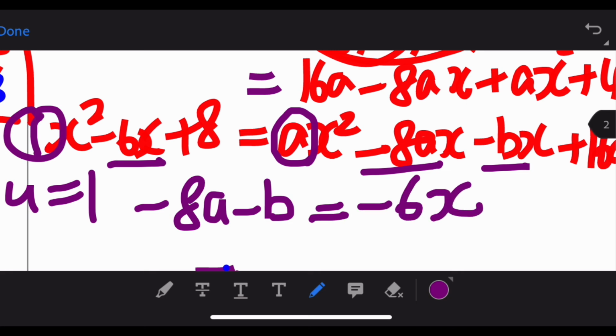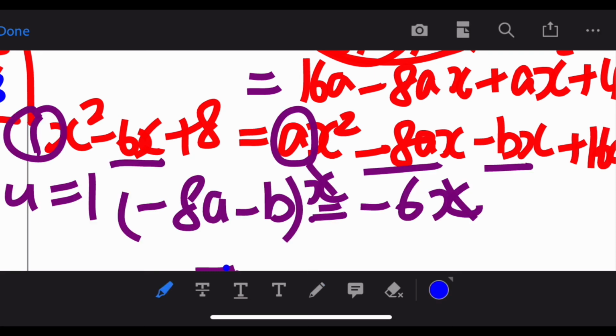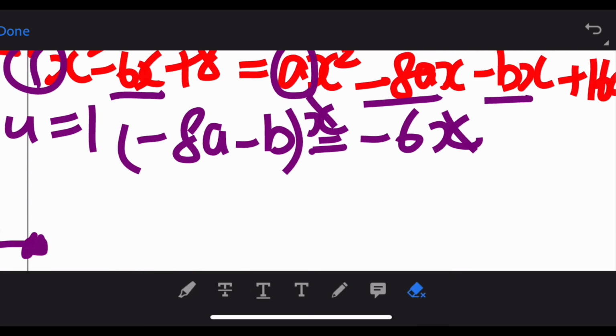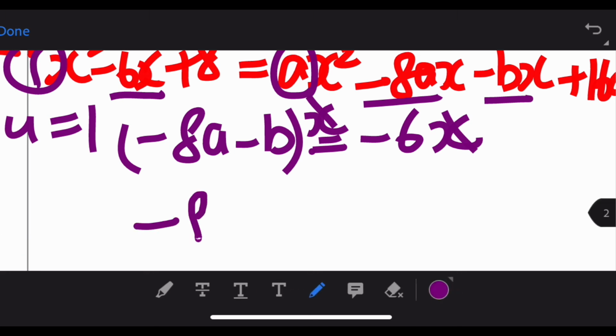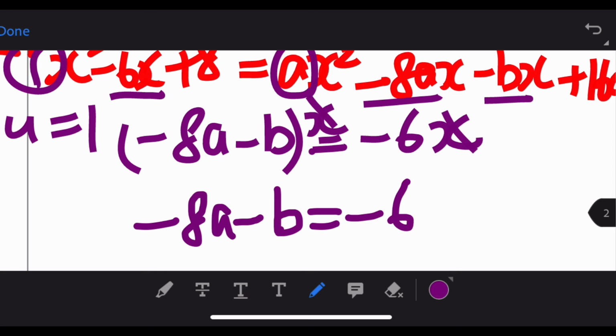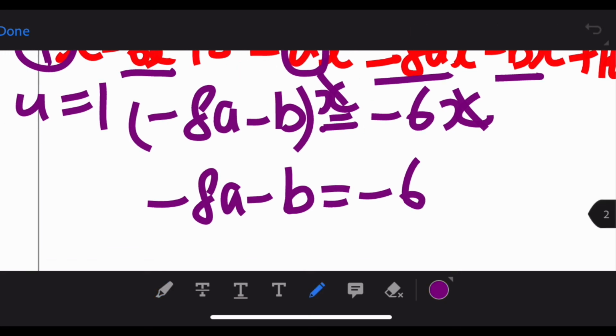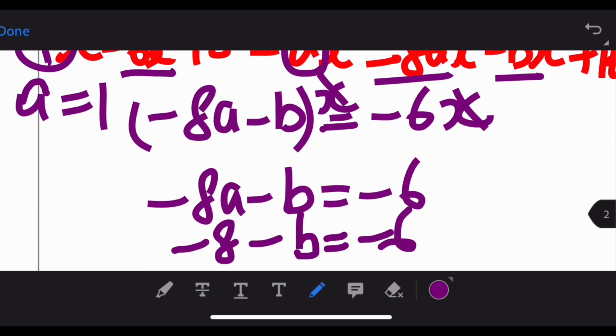Actually the x you can write, but you can cancel it out, so normally we just write the constant. We write negative 8a minus b equal to negative 6. Because we have a equal to 1 already, here a equal to 1.